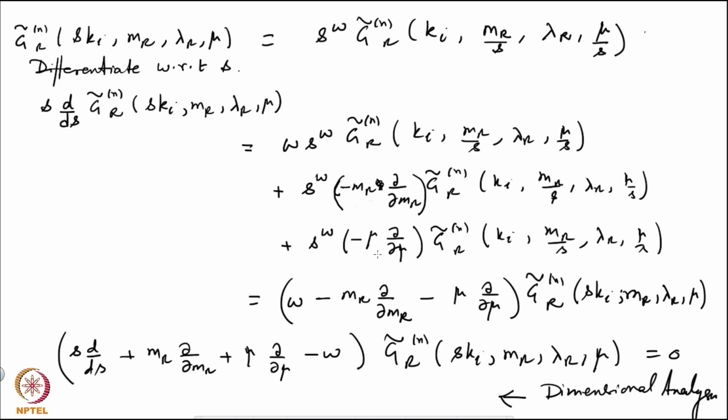And similarly for this. Okay, you turn the derivative with respect to s into a derivative with respect to mu. So that is how I have written down these two terms. Okay, so that was our dimensional analysis.